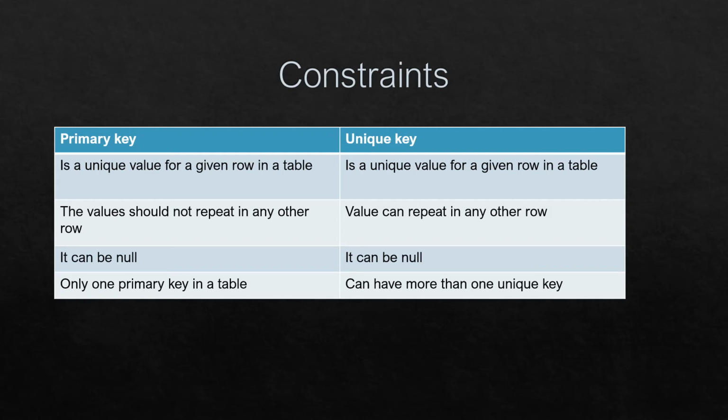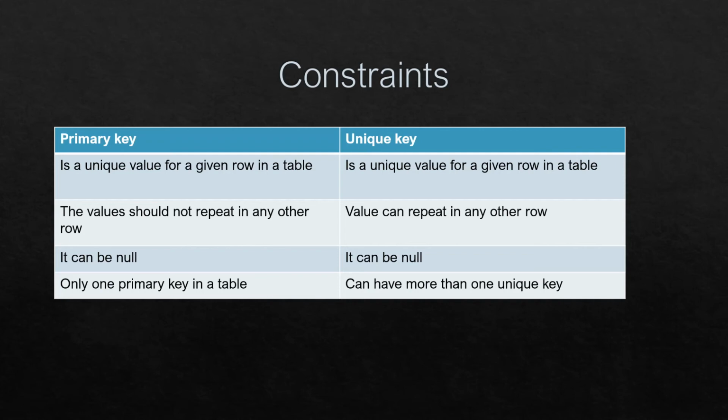For example, student ID or roll number, because two students will not have the same student ID. The primary key can't be null. You have to enter the data. Null means an empty value.